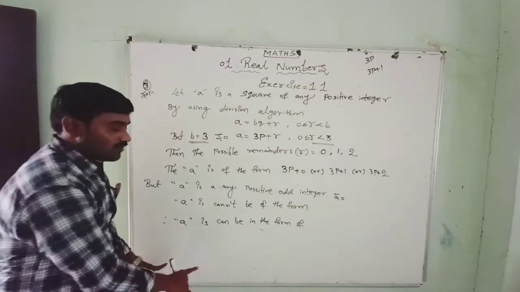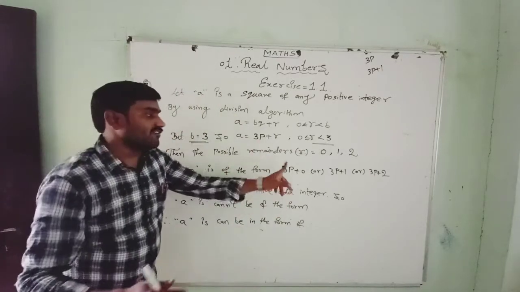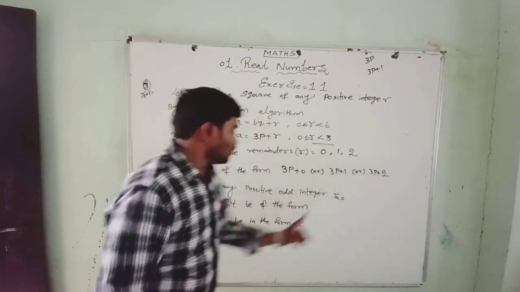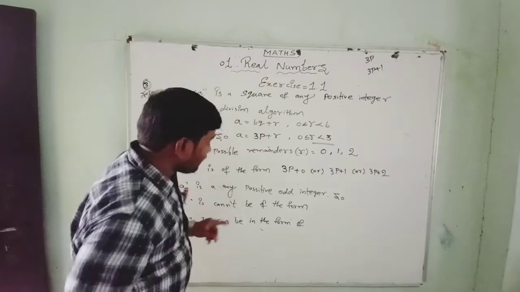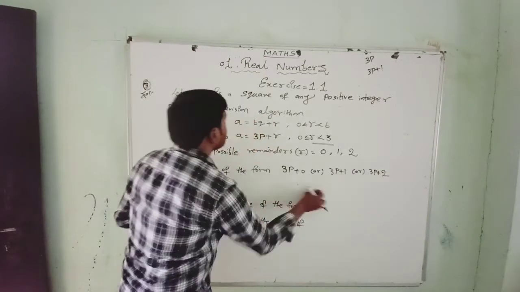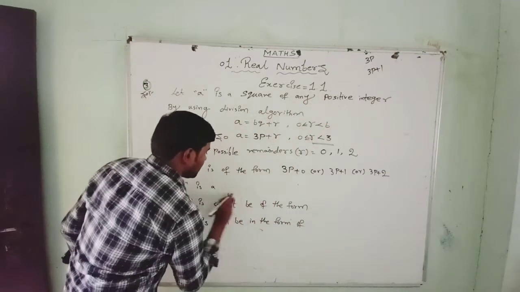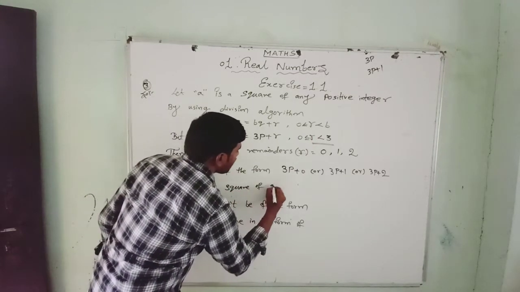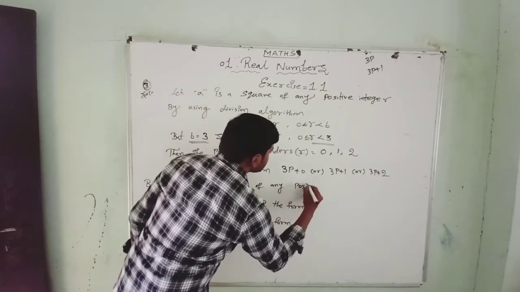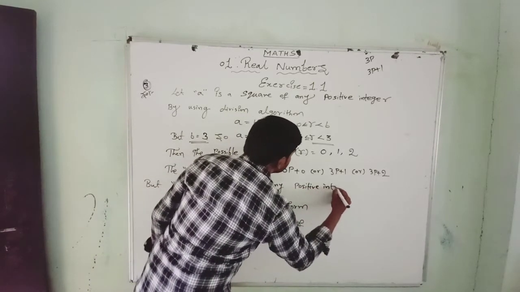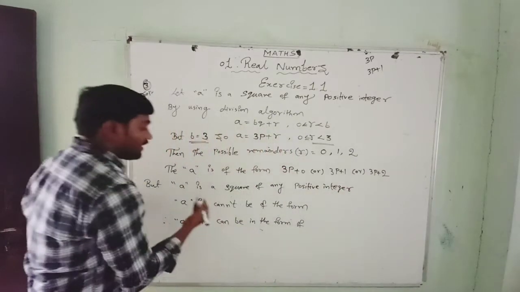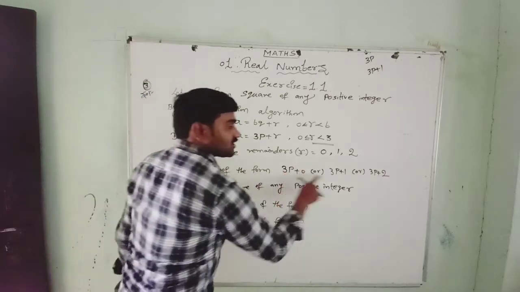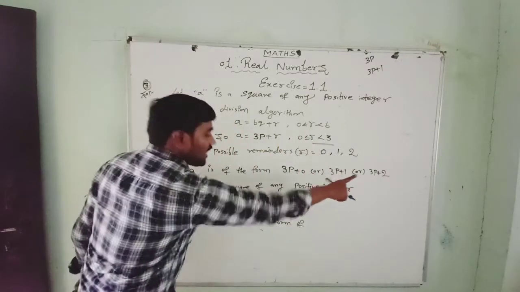But we know that if you take the square of any number and divide by 3, you will get remainder 0 or remainder 1, but you will never get remainder 2. So A is the square of a positive integer, and when divided by 3 you get only 0 or 1 as a remainder, never 2.